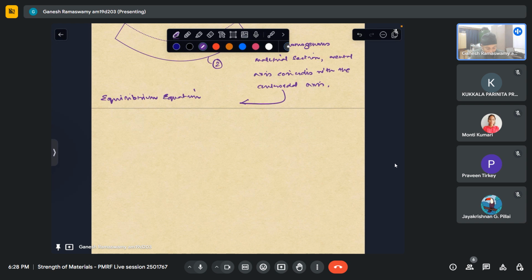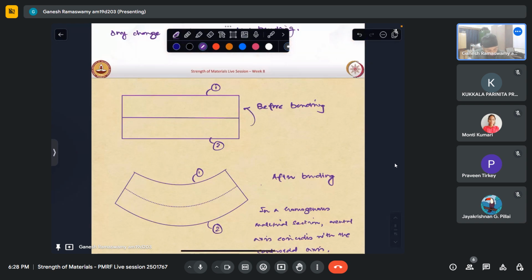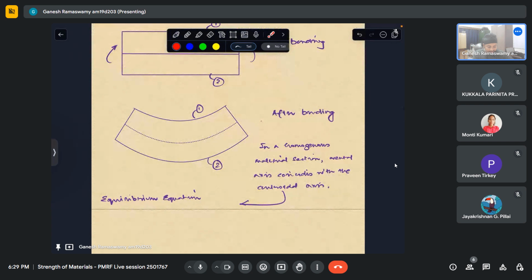So when we subject a beam to pure bending, it means that it is not subjected to any axial force. So when we add up the axial forces, what we see is that there is a point about which, when we take the moment of that area, the first moment of area will come out to be 0, which implies that the point where the tension to compression transition happens actually coincides with the centroid of the member.